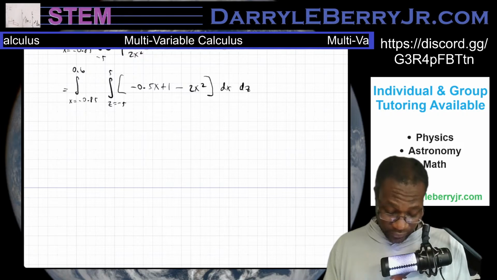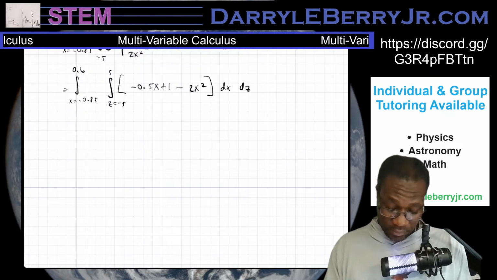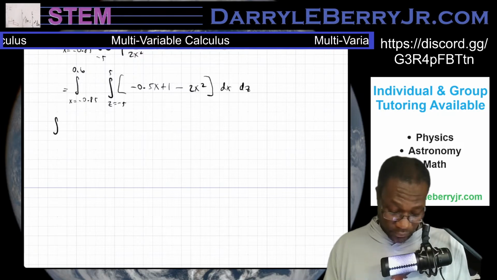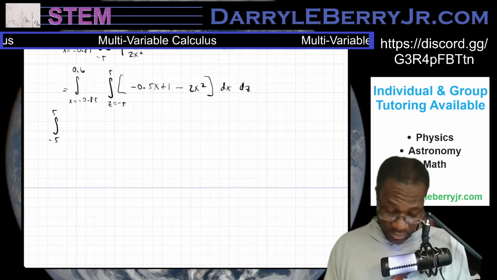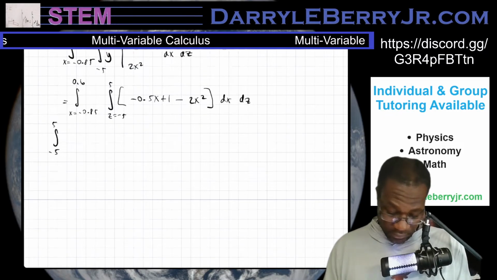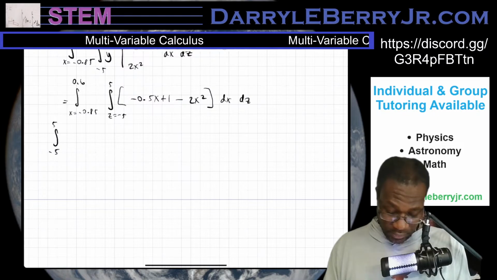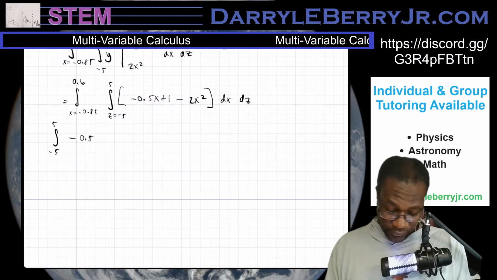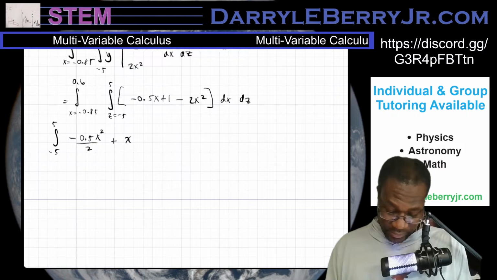So we have integral -5 to 5 of negative 0.5 x squared over 2 plus x minus 2x cubed over 3.